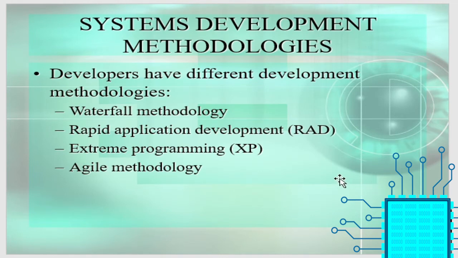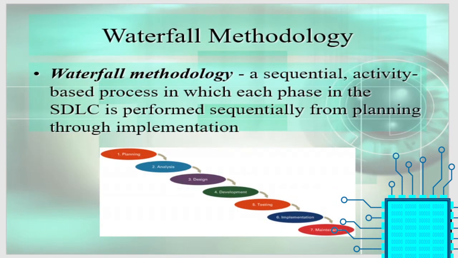Now, the various software development lifecycle models are Waterfall methods, rapid application development, extreme programming, and Agile methodology. These are the various SDLC models. In Waterfall methodology, a sequential activity-based process in which each phase in the SDLC is performed sequentially from planning through implementation.